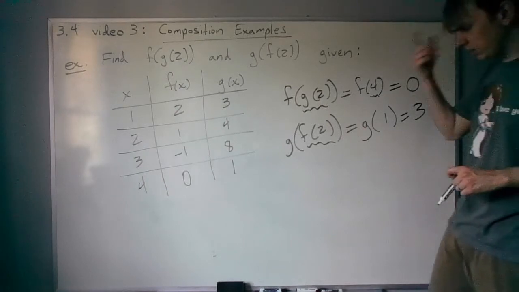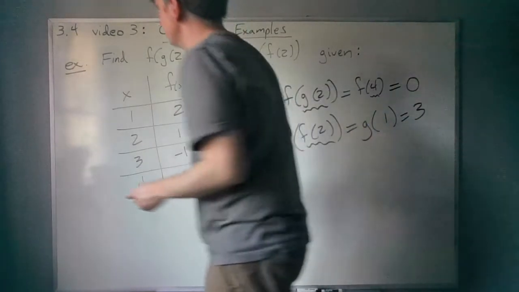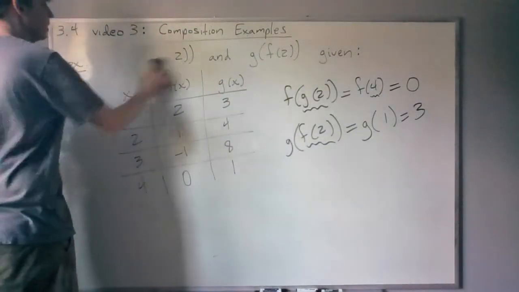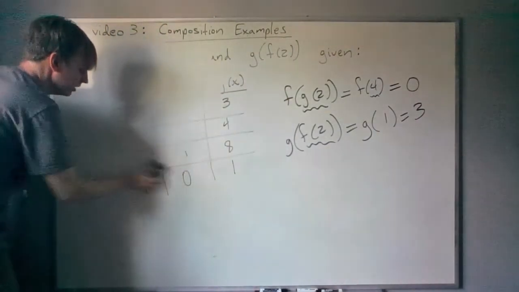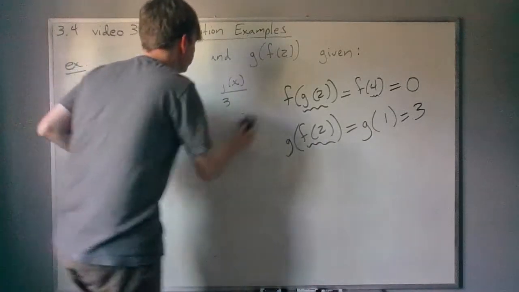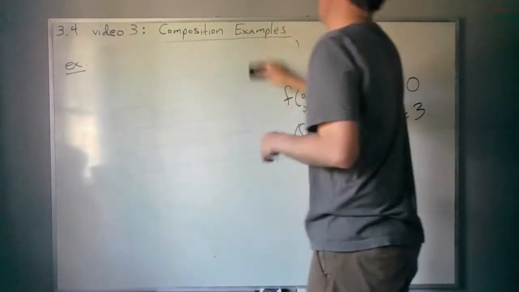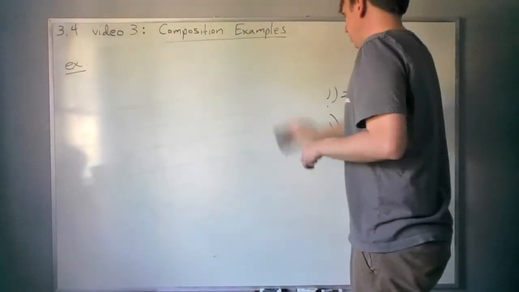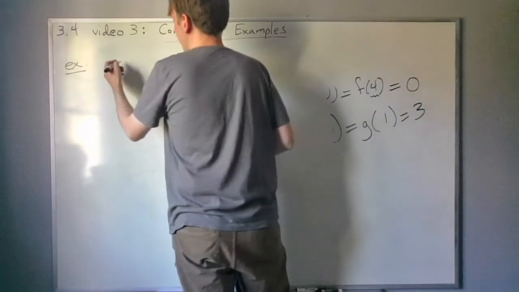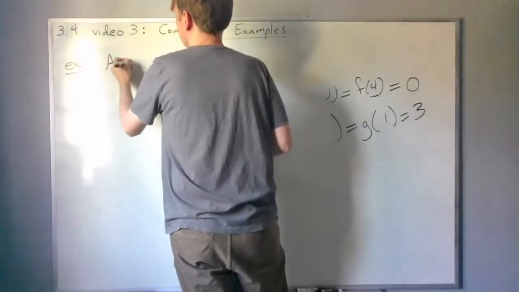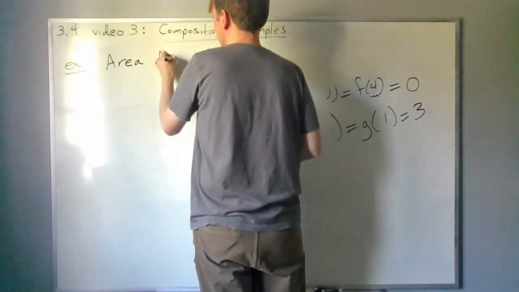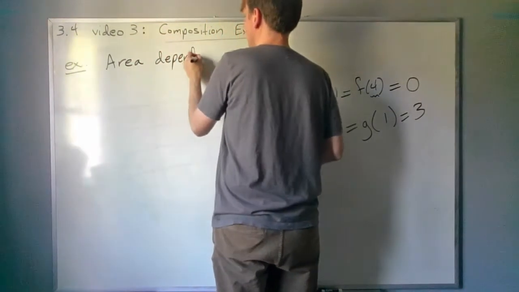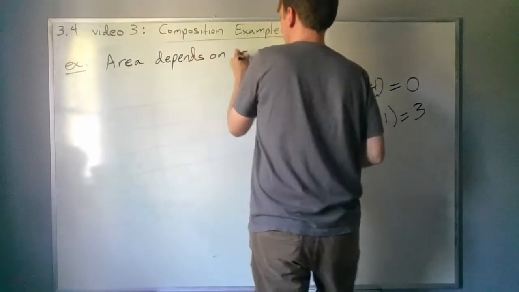Okay, let me look at another example about what exactly does a composition mean, how exactly might we use it. And I'm going to look specifically at pizza. So we could think about area depends on the radius.